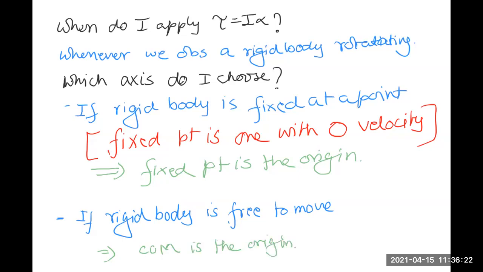Okay? The rigid body is free to move. Center of mass is always the origin. Okay?